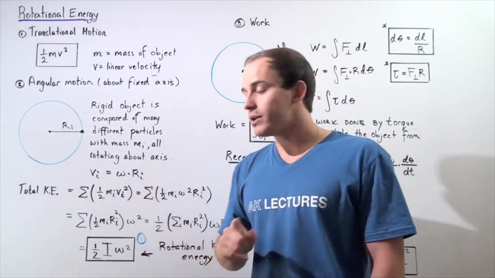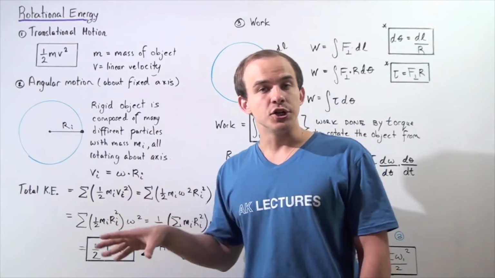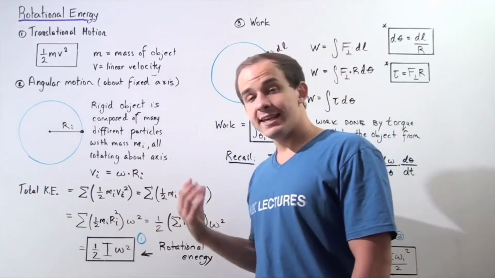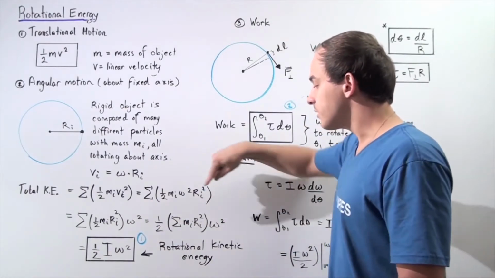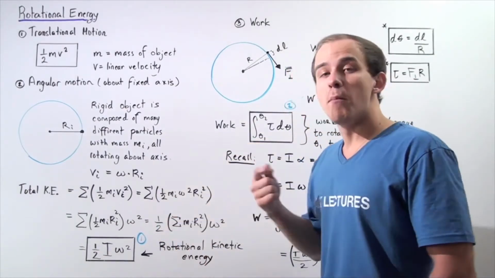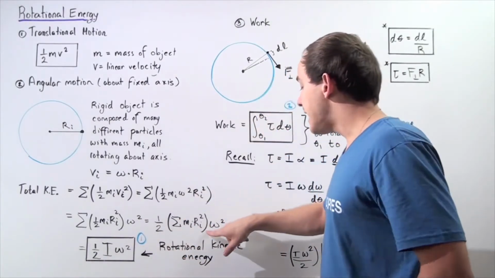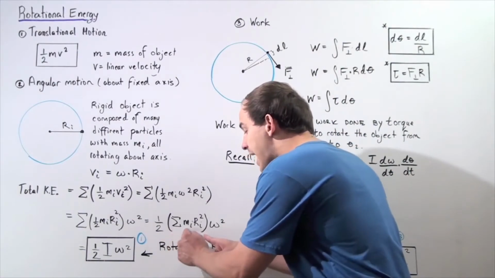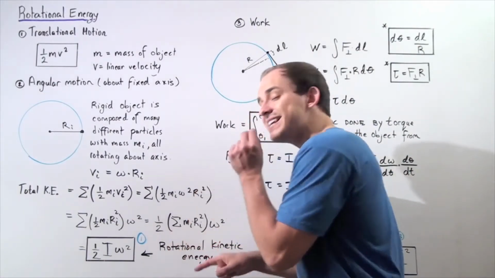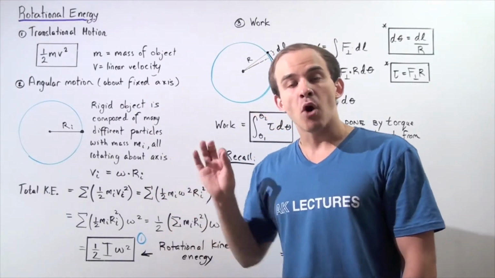And also notice that the 1/2 also appears on every single term. So that means I can take it out of my equation and get the following result. So I have 1/2 multiplied by this sum multiplied by my angular velocity squared. Now notice this sum, mi ri squared, is simply the rotational inertia of that particle.